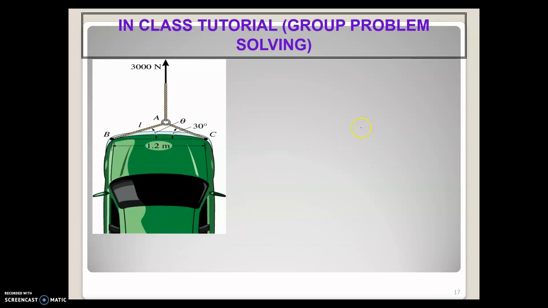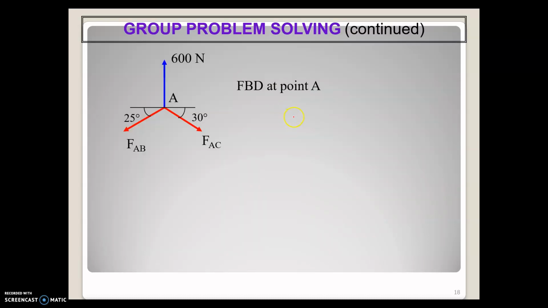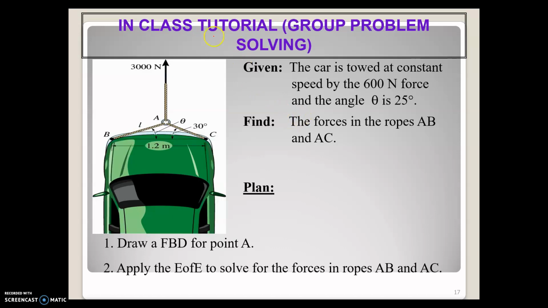So, in class tutorial, group problem solving. This is given, the car is towed at constant speed. Supposedly it is 600, not 3000. So, 600 Newton. The car is towed at constant speed by the 600 Newton force and the angle is 25.